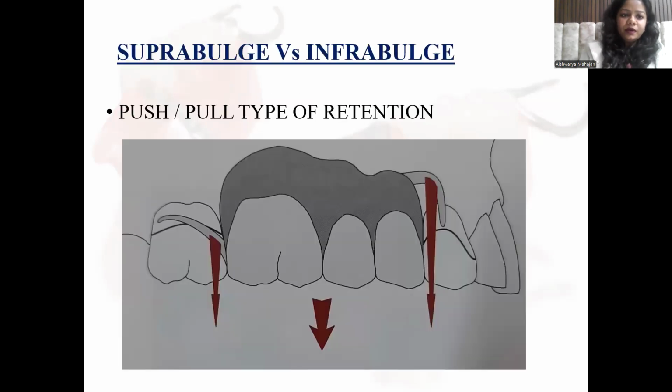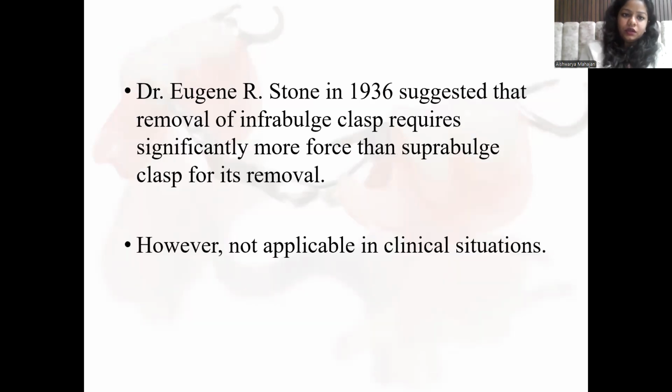The suprabulge and infrabulge clasp: the suprabulge clasp provides a push type of retention, whereas the infrabulge type provides a pull type of retention. Dr. Stone in 1936 suggested that removal of an infrabulge clasp requires significantly more force than a suprabulge clasp.